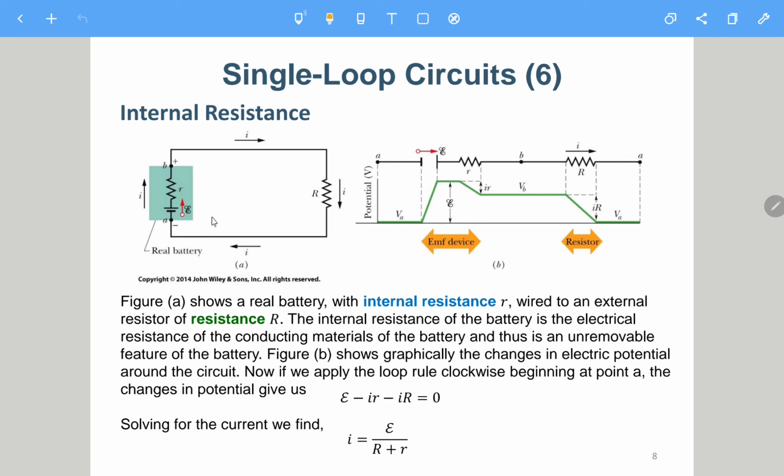To really solve this circuit, we can just consider the total resistance. The total resistance of this circuit is small r plus capital R, because they are in series.